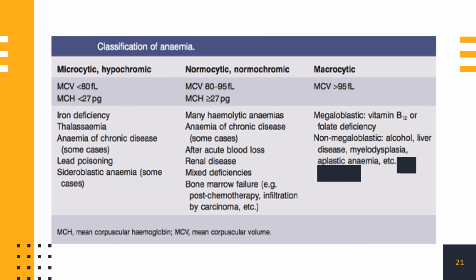For the macrocytic type of anemia, conditions such as megaloblastic, vitamin B12 or folate deficiency anemia is an example, and in non-megaloblastic forms such as in states like alcoholism, liver disease, and in myelodysplasia.